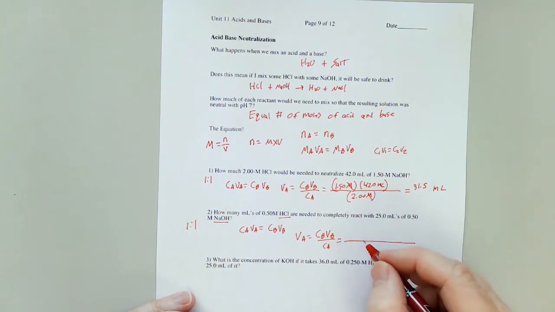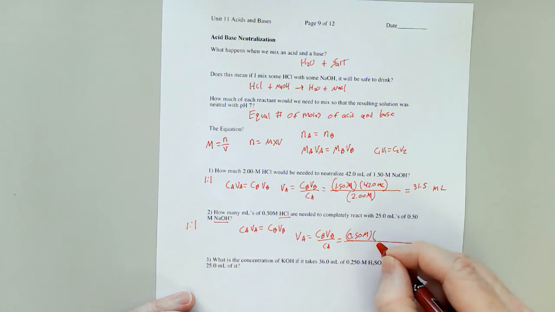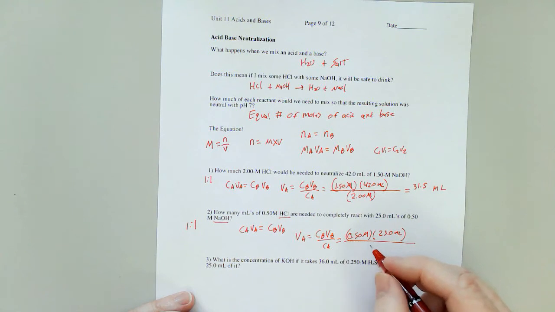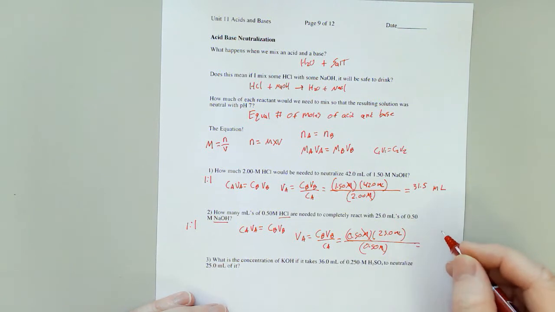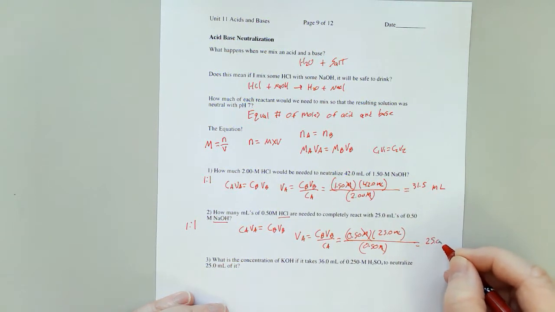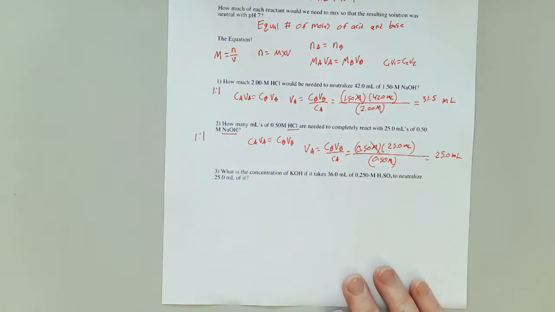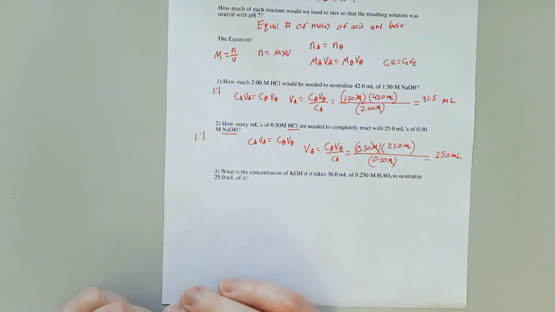Now the concentration of the base is 0.50 molar times 25.0 milliliters over 0.50 molar. The molars once again cancel, and isn't that interesting? That's 25.0 milliliters. Okay, pretty straightforward as long as the ratio is 1-to-1.